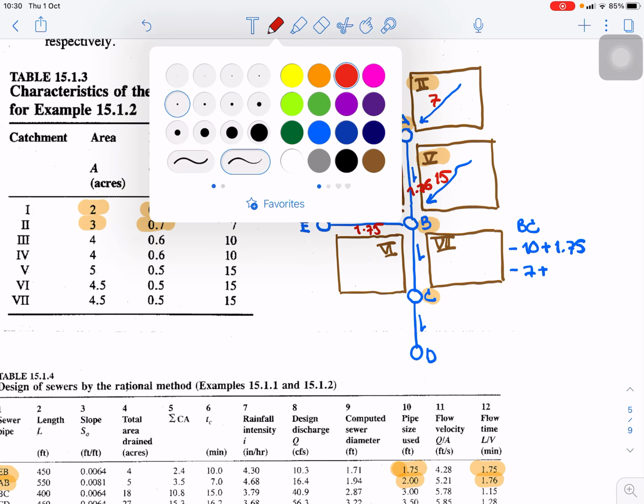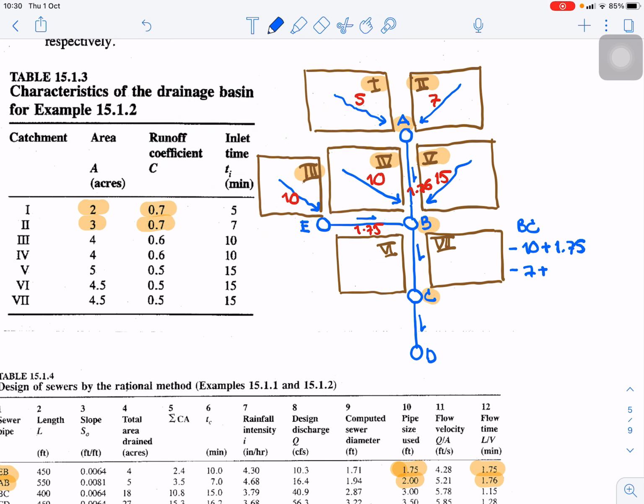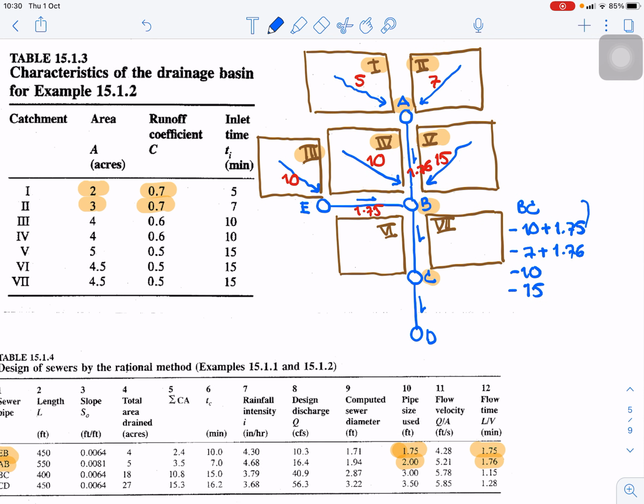Then 10 from catchment 4 and 15 from catchment 5. So the maximum is 15, and we choose the time of concentration for pipe BC as 15.